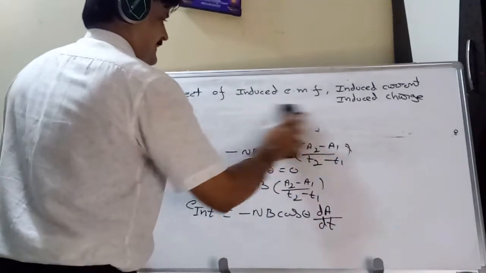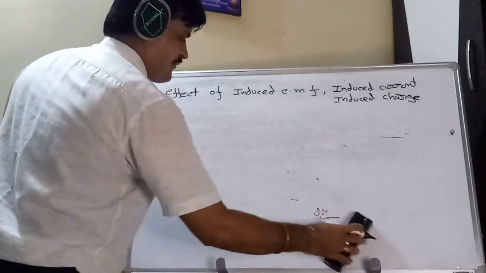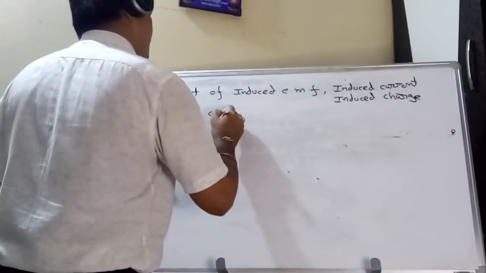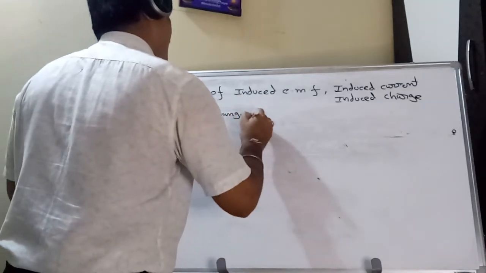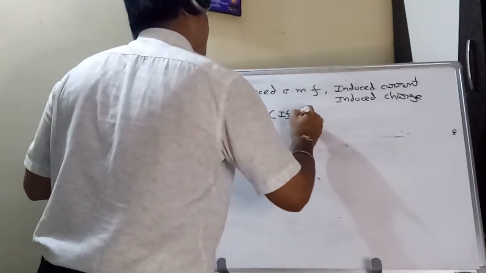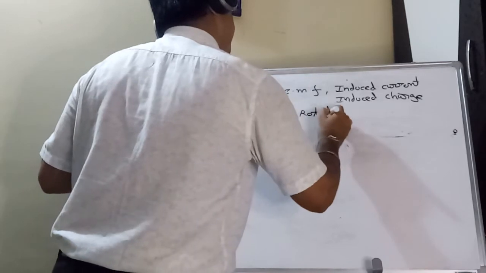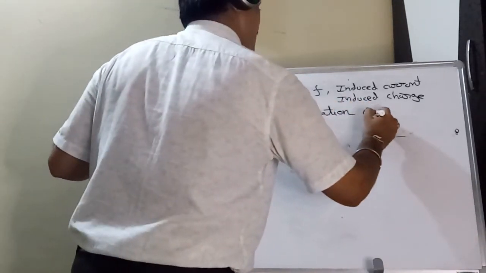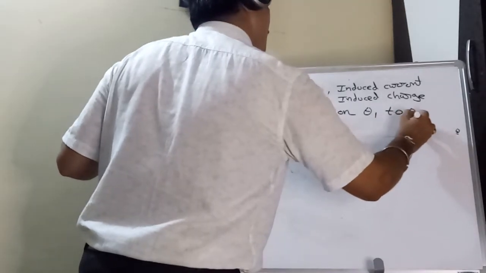Next, phi changes. If there is coil rotation, theta changes from theta 1 to theta 2.